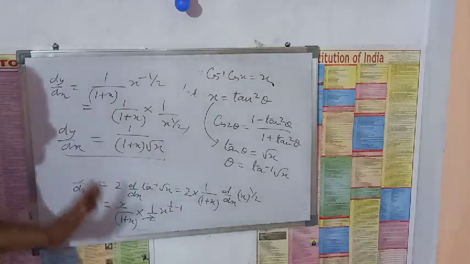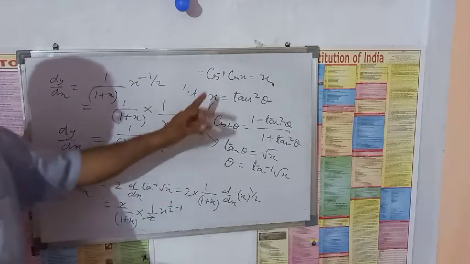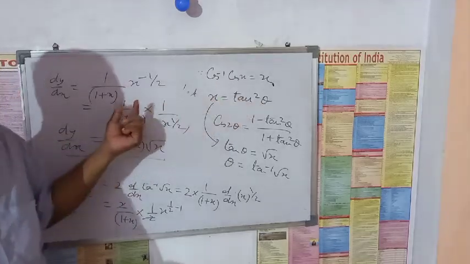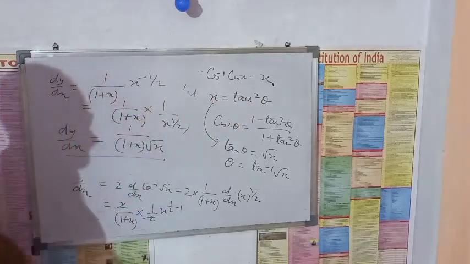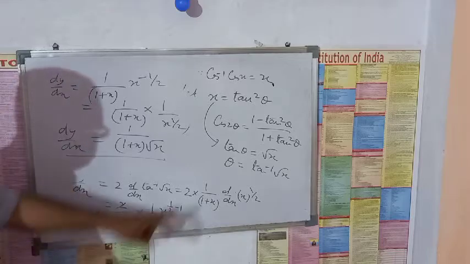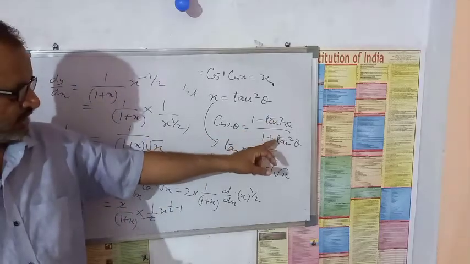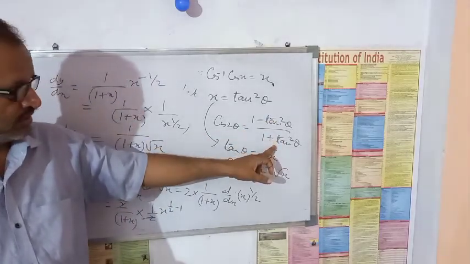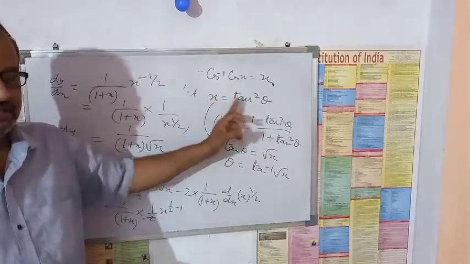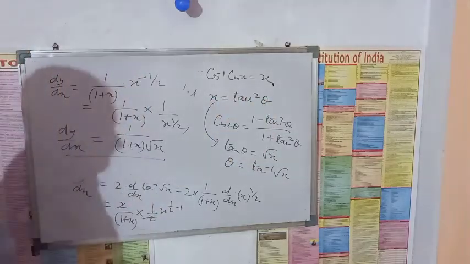So it is the derivative. To apply this property, we have to do some substitution in the problem. And we know that cos 2 theta is equal to 1 minus tan square theta upon 1 plus tan square theta. That's why we have taken x is equal to tan square theta.